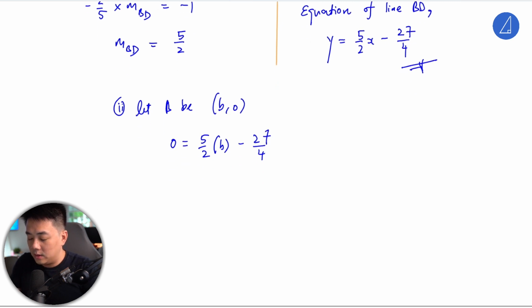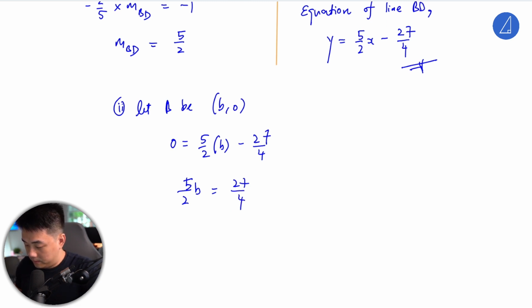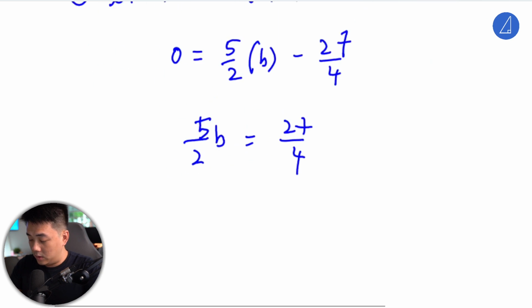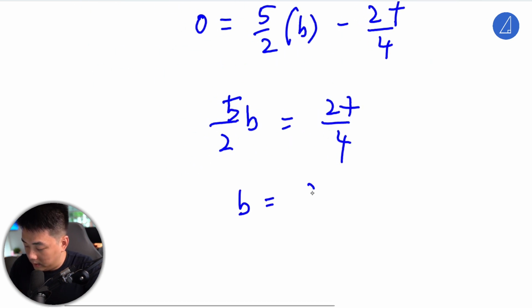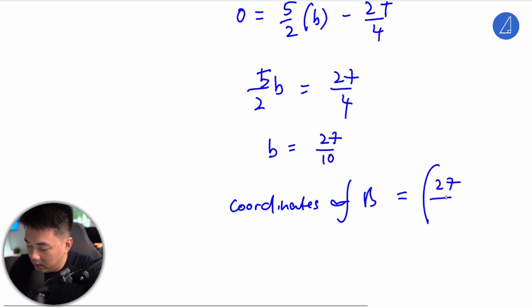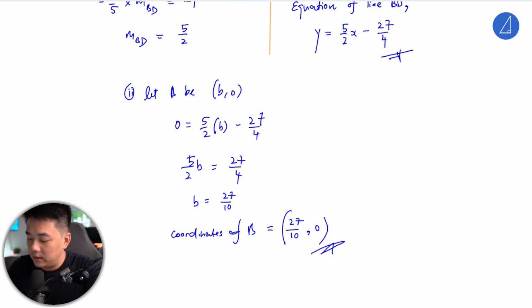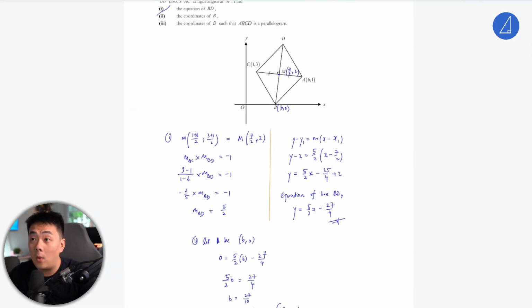Then just make b the subject, so b equals 27 over 10. So the coordinates of B are (27 over 10, 0), because it lies on the x-axis, so it's pretty straightforward there.